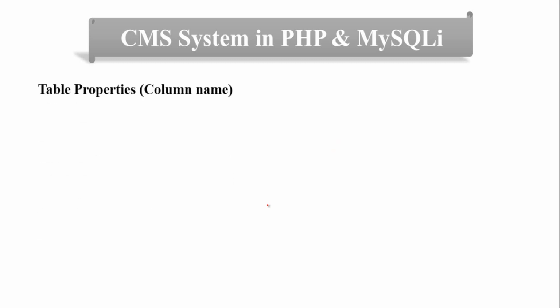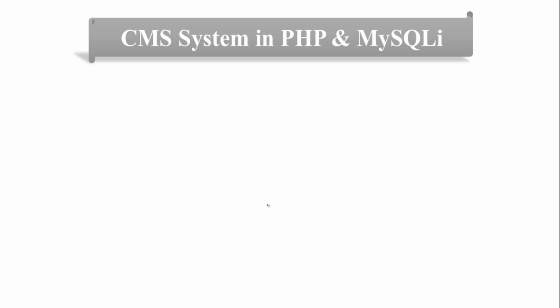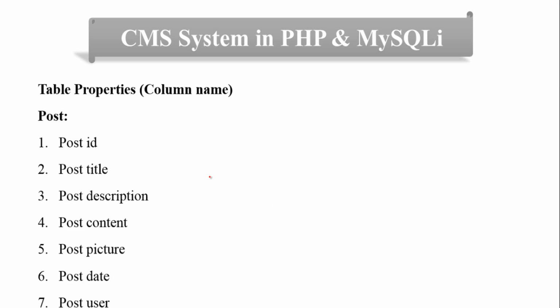Another is the table properties and column names for post: post ID, post title, post description, post content, post picture, post date of publishing, and post user, meaning which user published this post. So this is the information about the tables and their properties or column names.